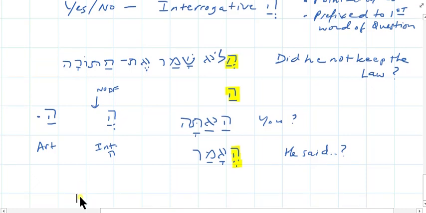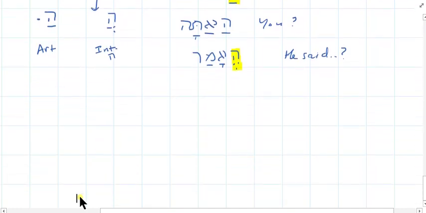But when I'm dealing with gutturals, both of these have the possibility of becoming ambiguous, because I could have a ha with no dagesh forte with a guttural, and the interrogative hey could look like that as well. I could have a he with no dagesh forte for the article, and the interrogative hey could become that as well.